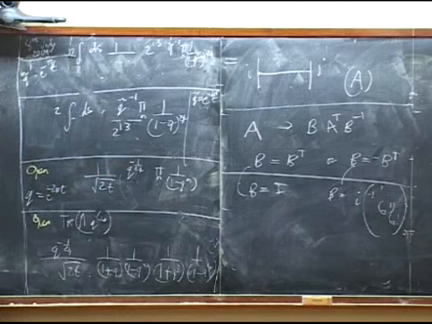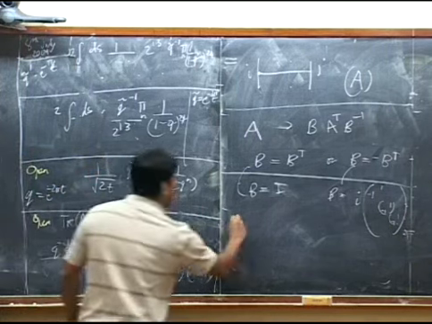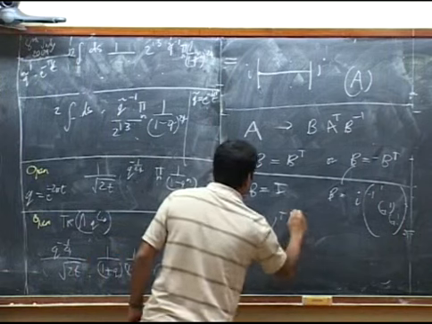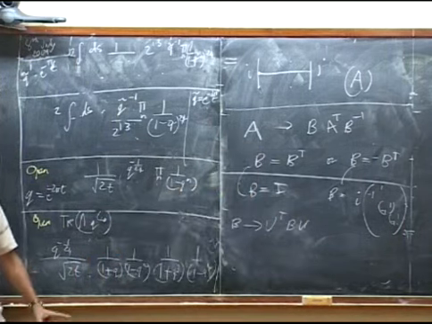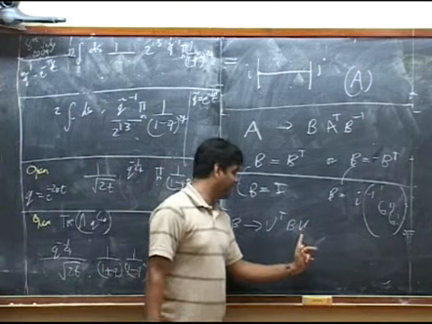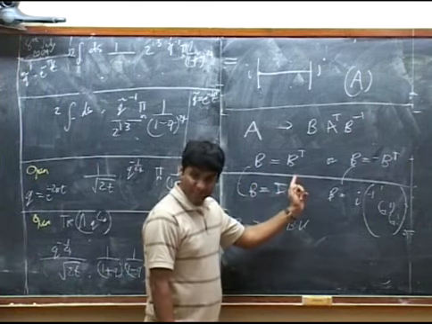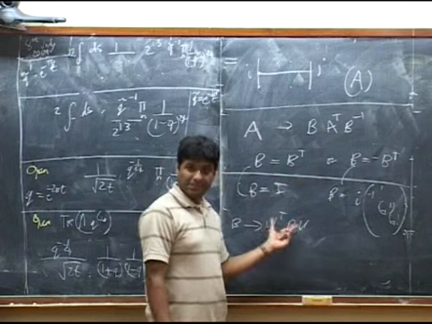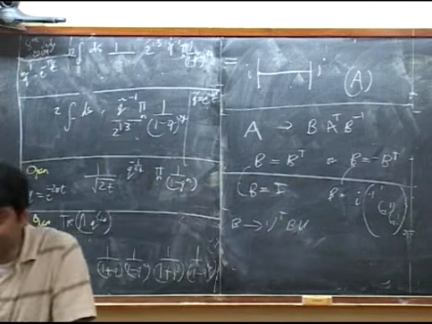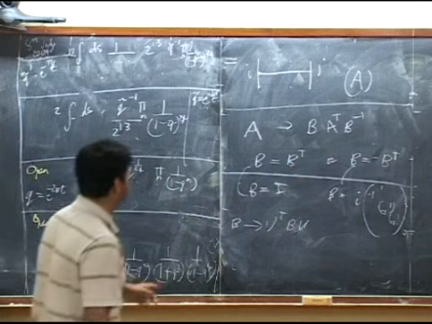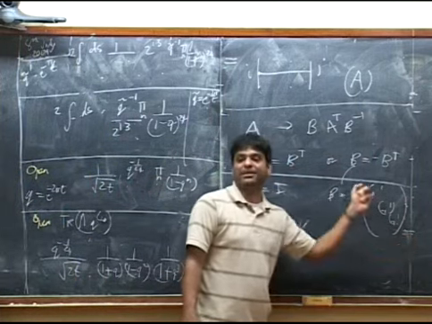B transforms, B goes to U transpose B. And the claim is that under this transformation, if B is equal to B transpose, it's always possible to find a U to set B equals identity. Whereas if B is equal to minus B transpose, it's always possible to find a U to set B equals this standard symplectic matrix.